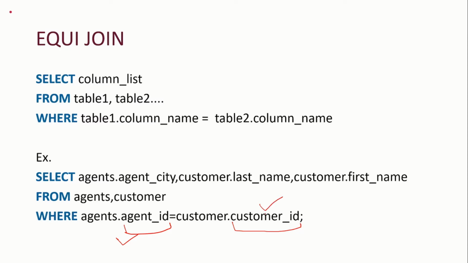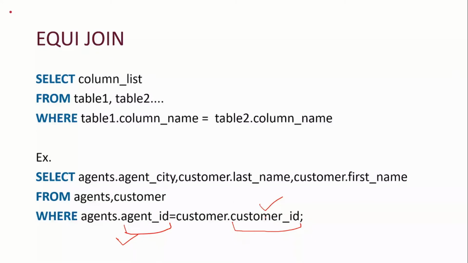In inner join, what happens? The column names are the same, then we compare them in the inner join. But in equi-join, the tables contain columns with different names. Here it is agent ID and here it is customer ID.